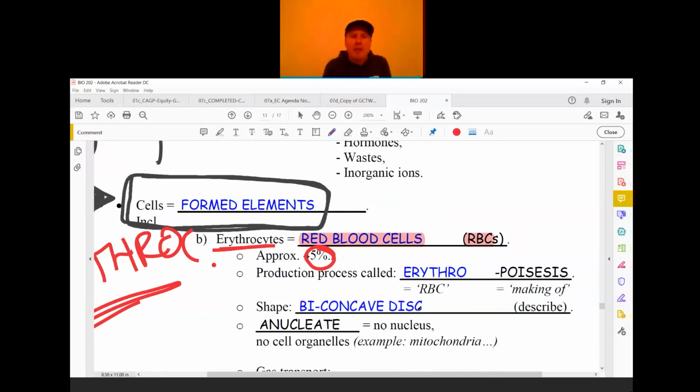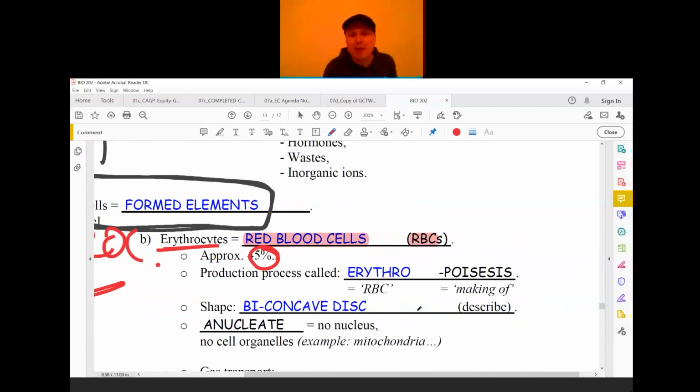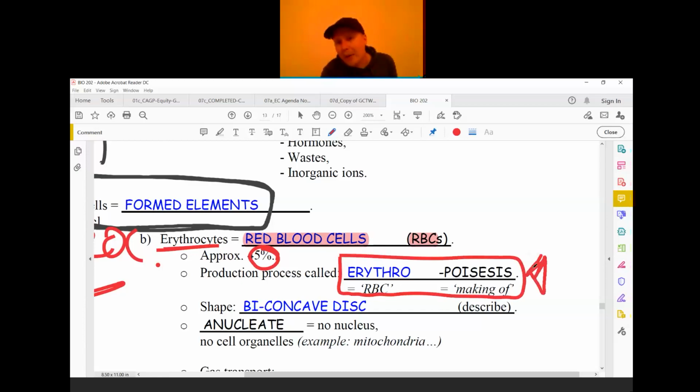And the reason why I wanted to make a big deal about this term is because when we talk about production of the red blood cells, we end up with what we saw earlier. The term poiesis referred to the making of something. Well, in this case, the making of red blood cells is going to be erythropoiesis.